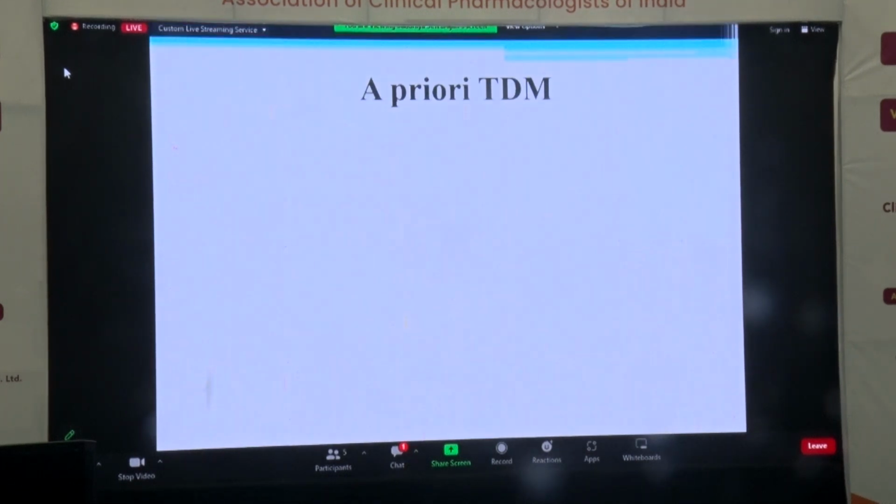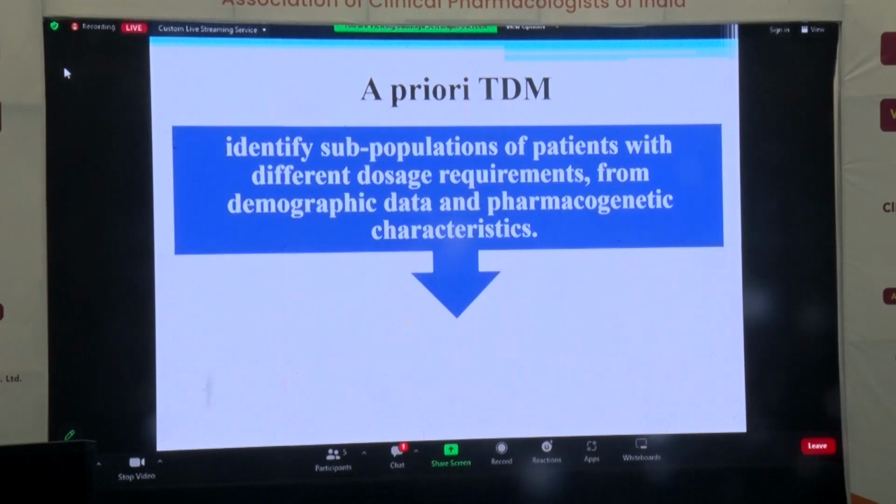There is also a concept called a priori TDM. What is this a priori TDM? Here we identify the subpopulations of patients with different dosage requirements, from the demographic data and other pharmacogenetic characteristics which are available in the literature or from our previous studies.